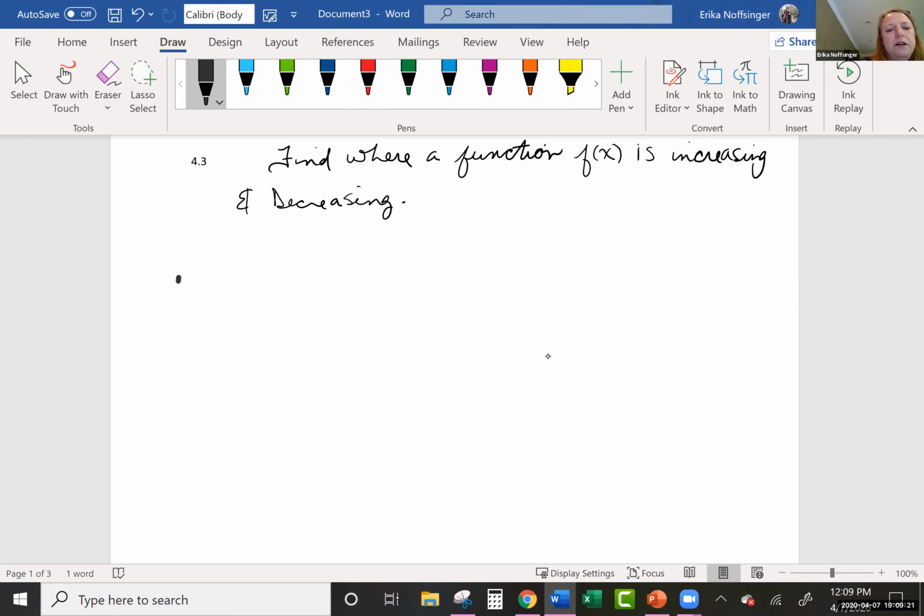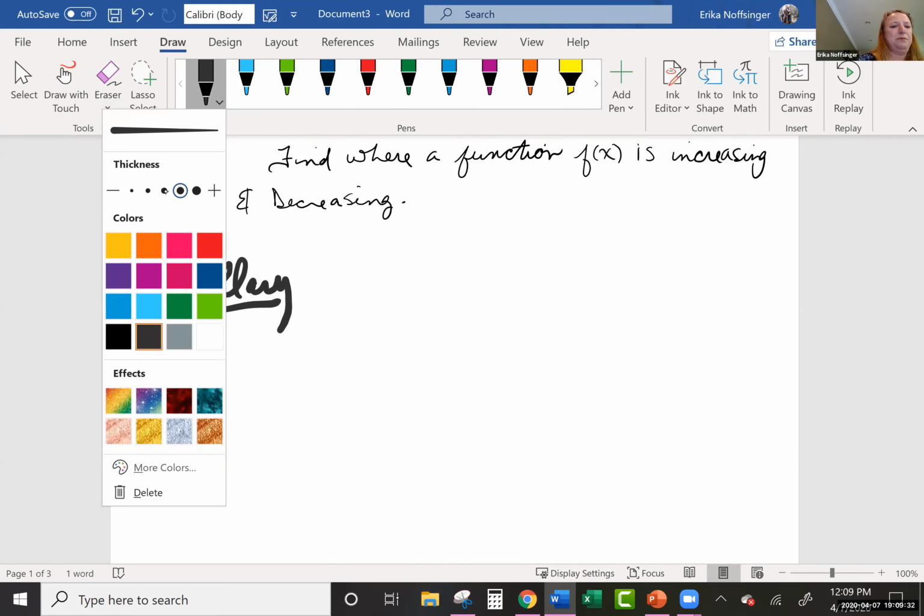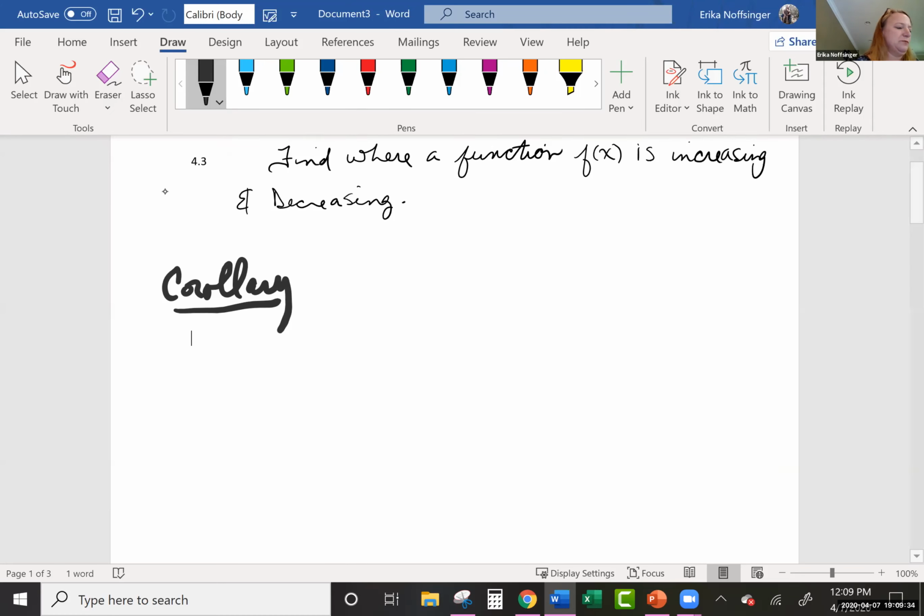Okay, so here is a corollary. A corollary is like a theorem, but maybe not as strong or as big as a theorem.